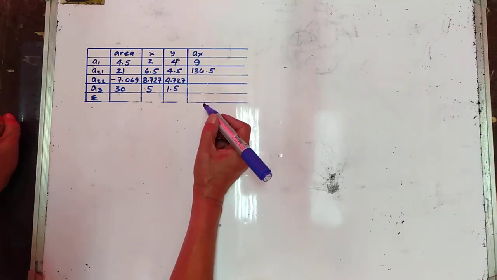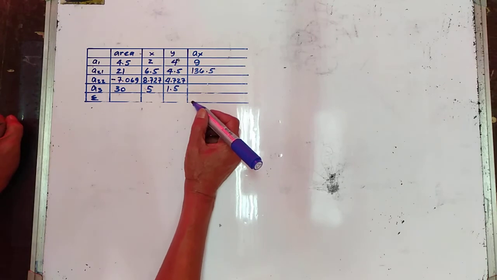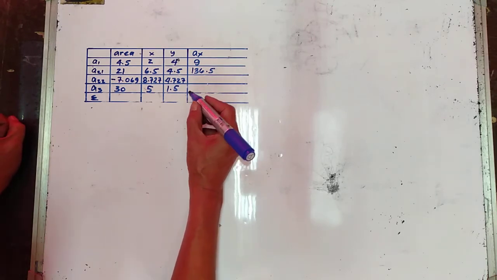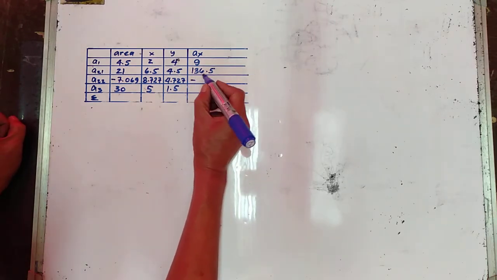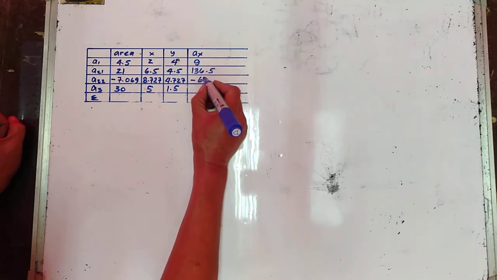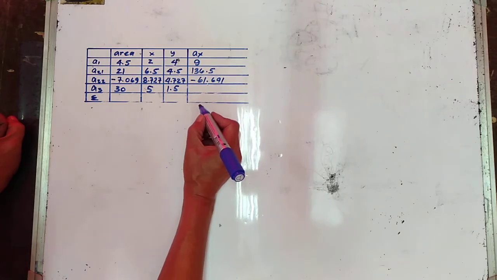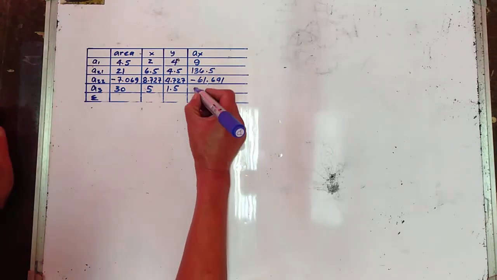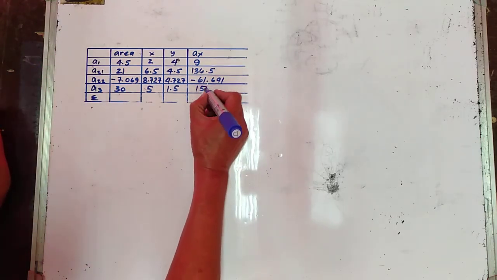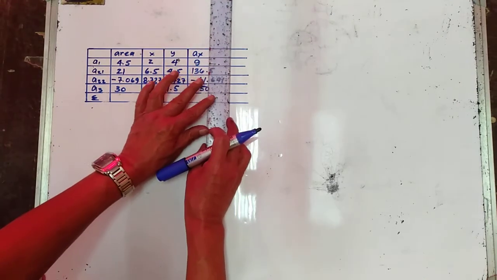Minus 7.069 by 8.727 is negative, we have 61.691. And 30 by 5 is 150.